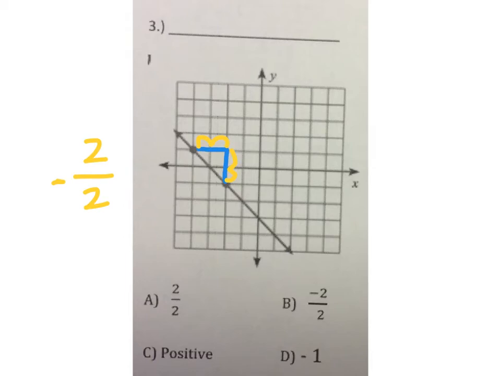So it cannot be A, because that's a positive answer. B is correct, because negative 2 over 2 is the same thing as what I came up with. Cannot be C, because that's a positive slope. And D would also be correct, because 2 divided by negative 2 would equal negative 1.